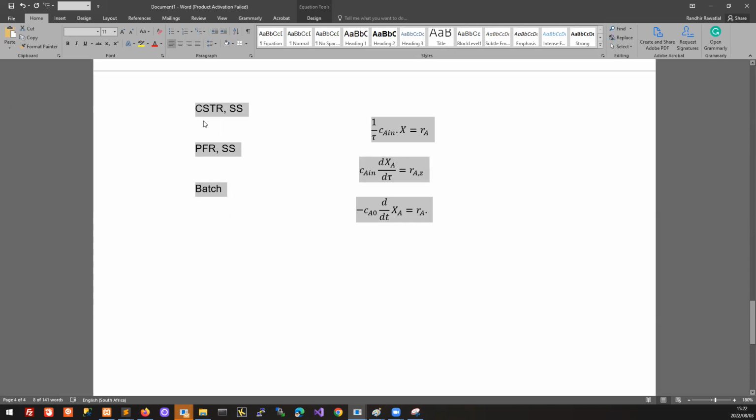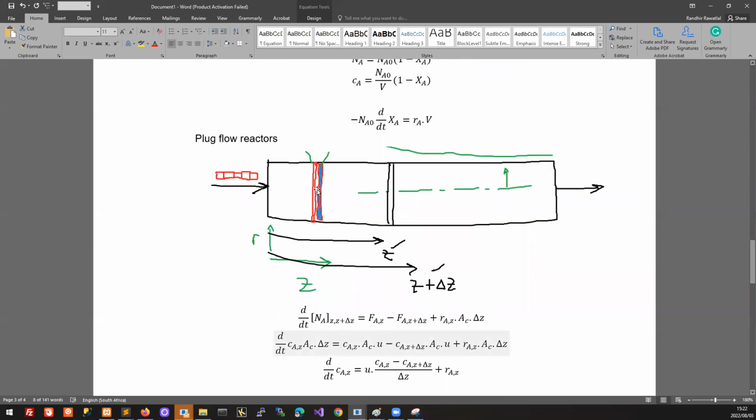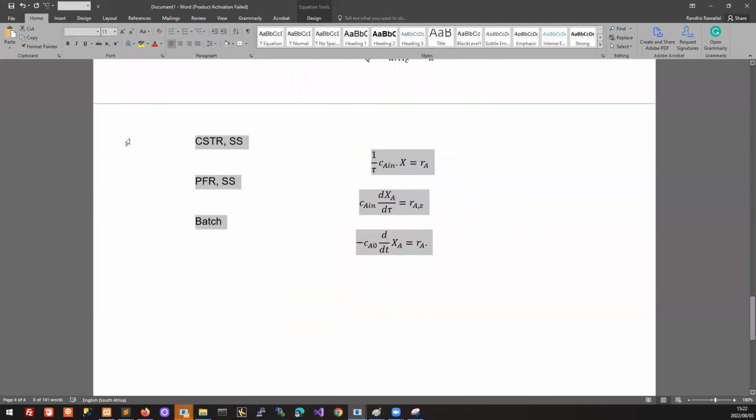This is a perfectly mixed flow reactor. And yeah, flow. This is no flow. And this one is no mix, right? PFR, it's mixed radially, but not axially. In fact, the way I think of these two reactors is on opposite extremes of the spectrum.